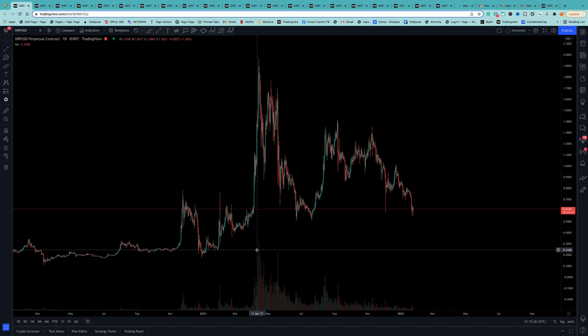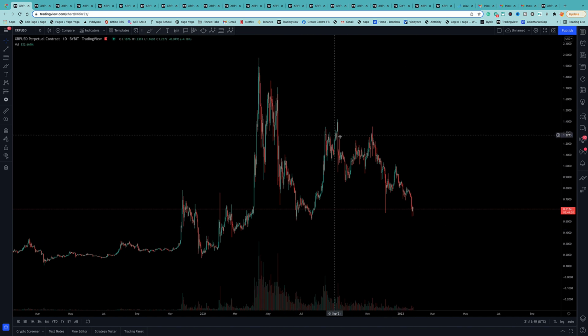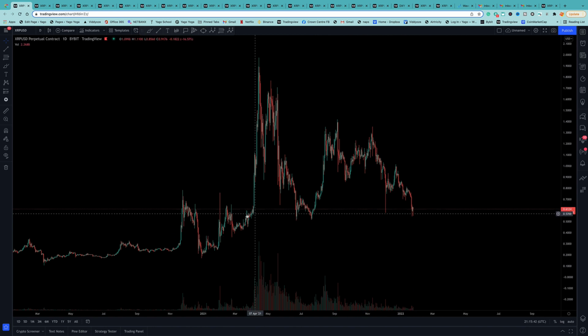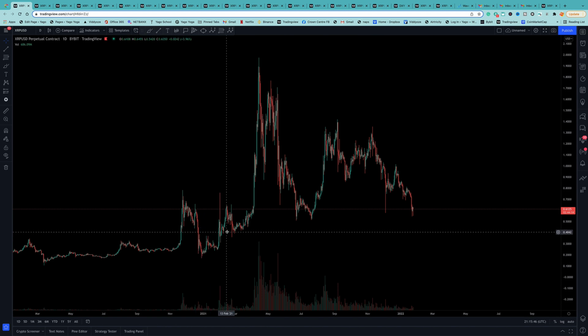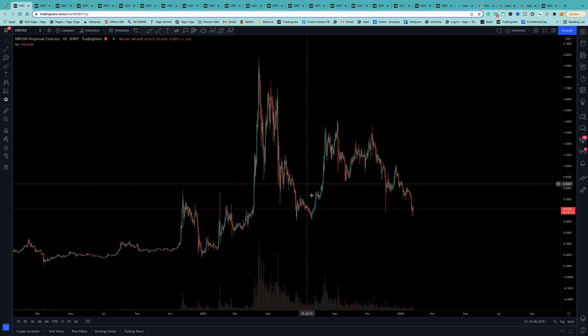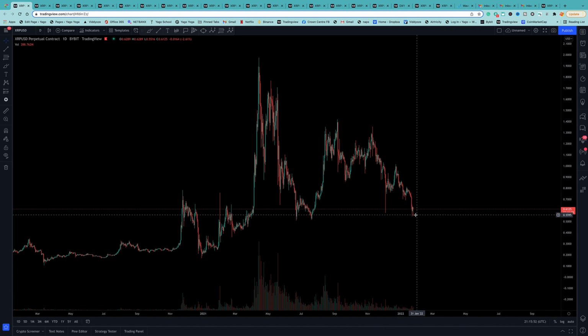I think it could come all the way down to probably even 24, possibly even 20, and still be a valid bull run. It would just be an enormous correction. But you can see after every pump, there's a correction. A pump, a correction, a pump, a correction.